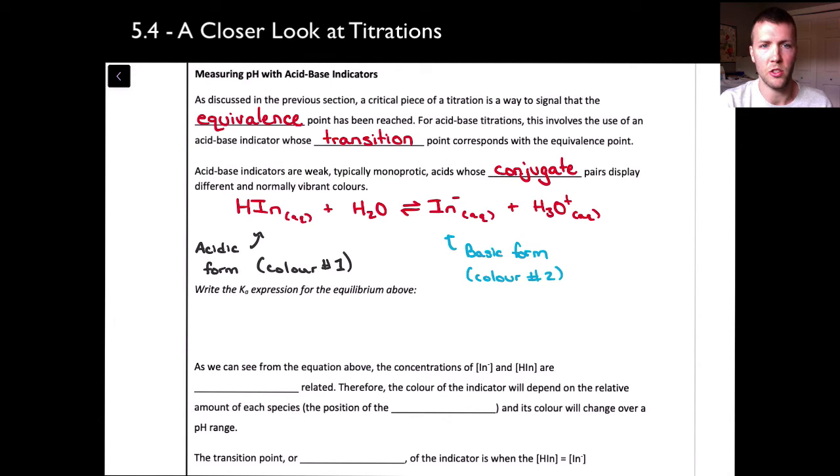Where this transition actually occurs, at what pH ranges, is going to depend on the Ka of the indicator itself, which we can see the expression here.